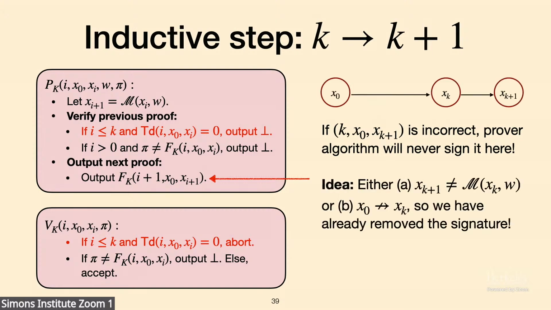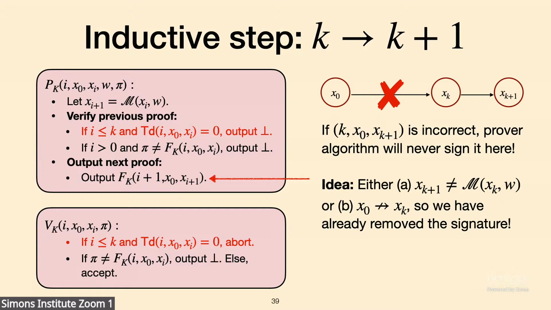Because either XK doesn't go to XK plus 1, so I'll never go past this step, or the first hop is wrong, so I've already removed the signature for this hop. So if my input to this was not valid, I'll never invoke the MAC on this input.